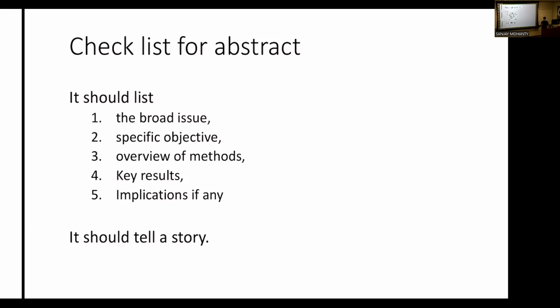And then there are key results. There are many results you got. You calculated certain values, or if you didn't calculate, you found some information that you want your teammates to know or read. So write those key results, two or three key results. Then any implications.